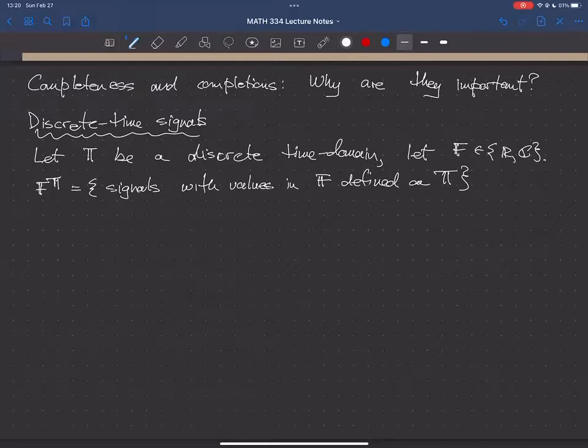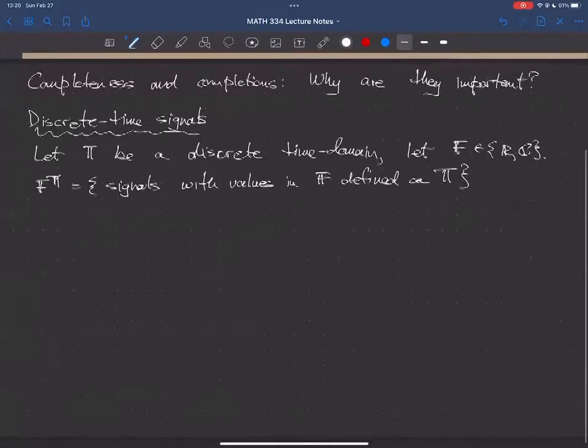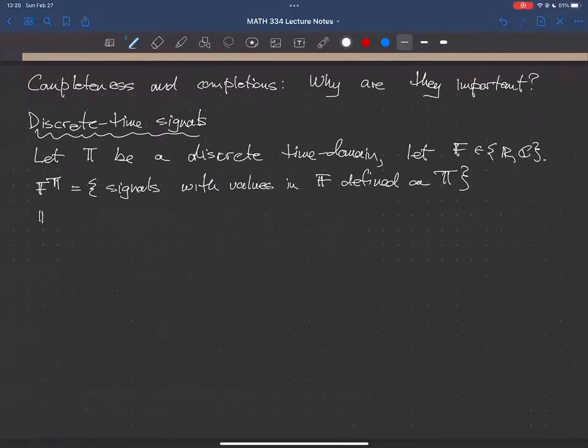Now I'm going to introduce some signals, and these are going to make reference to the sequence spaces that I've talked about. Let's recognize that sequences come out as a special case of this.